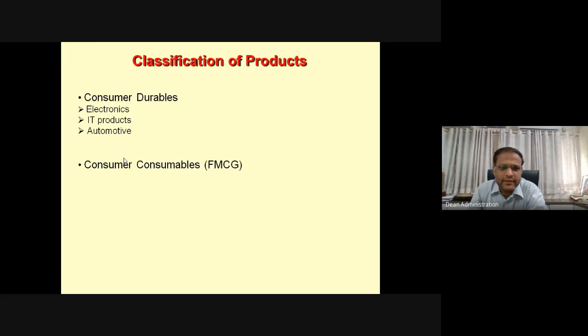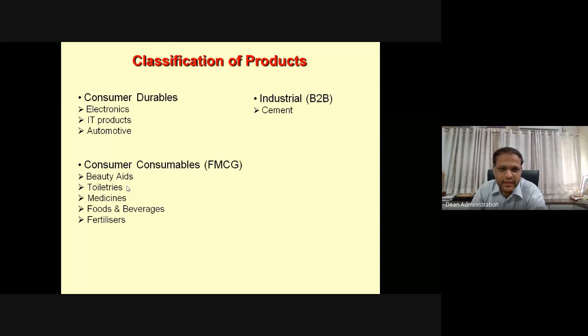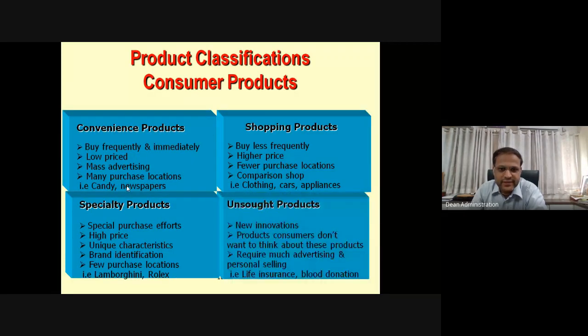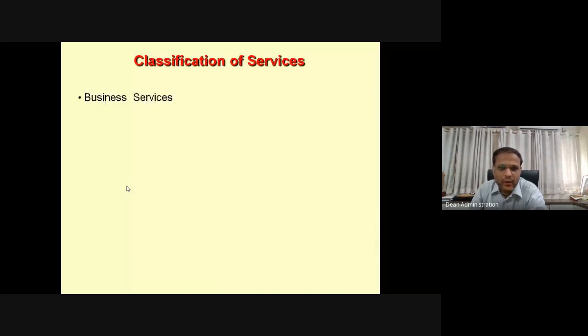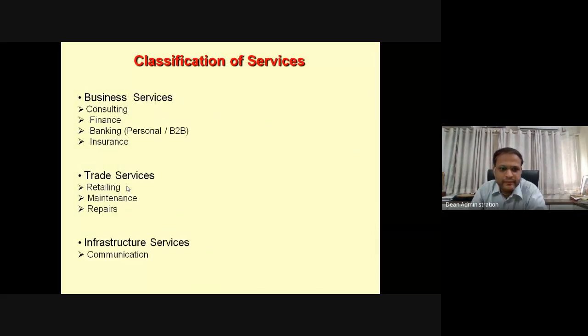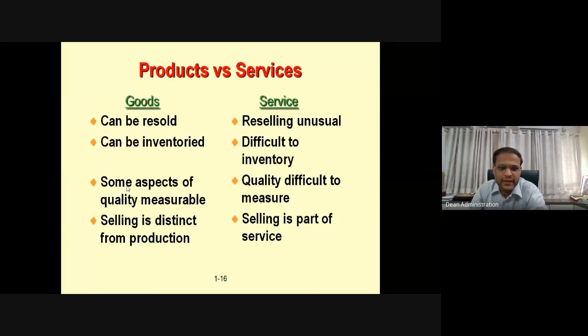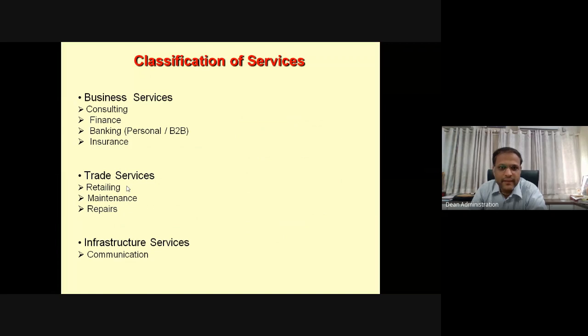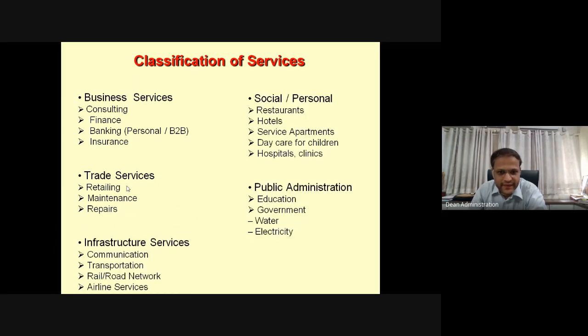So we started with the various classifications of products: consumer durables, fast-moving consumer goods, and then military. We have done all of these classifications, and then we told what a service is and classified services also.